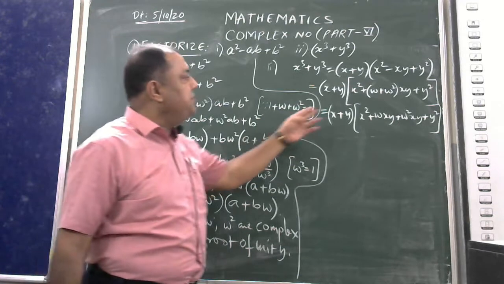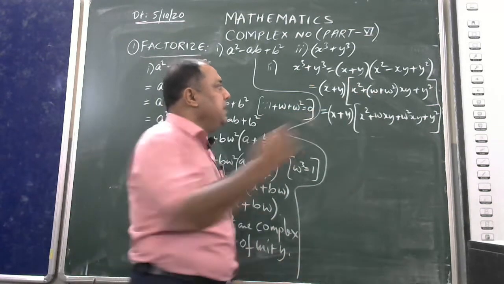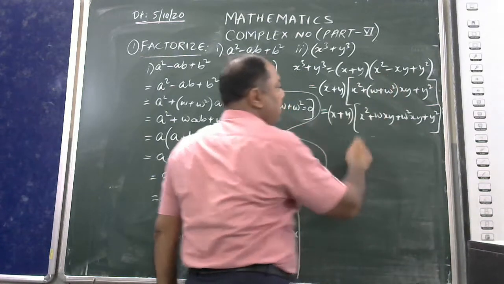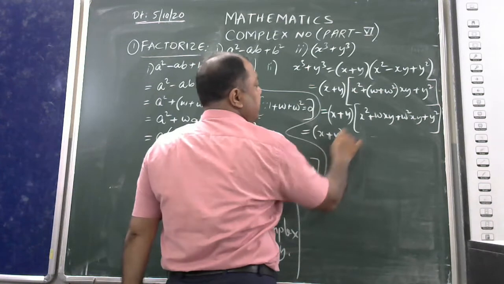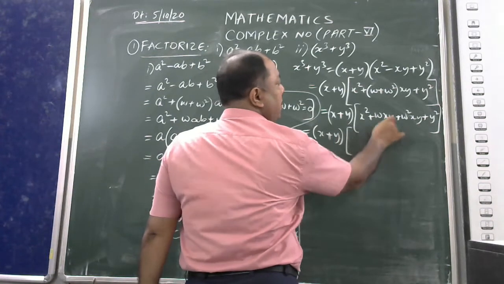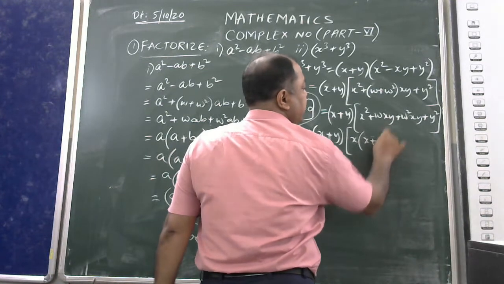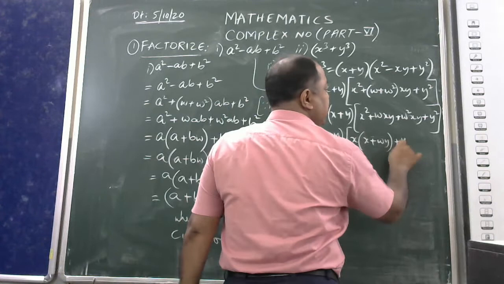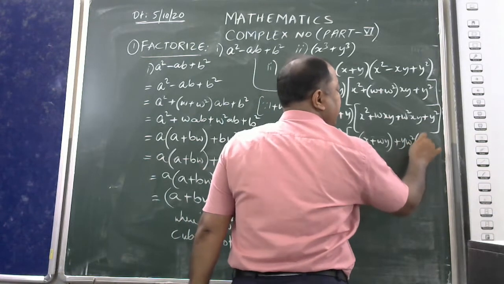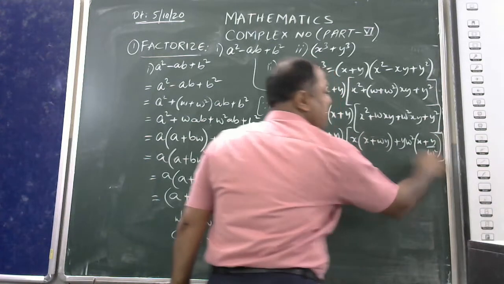So when this is equal to minus 1, I replace it by omega plus omega square, and on simplification x plus y, taking x common from these two, x plus omega y, plus I take from these two y omega square, x plus omega y.